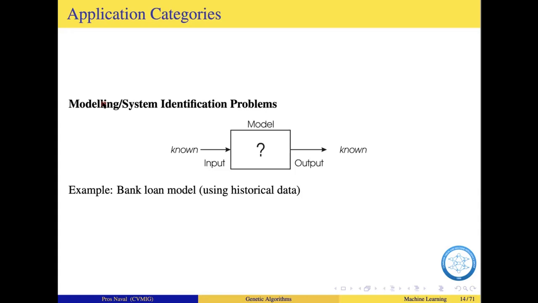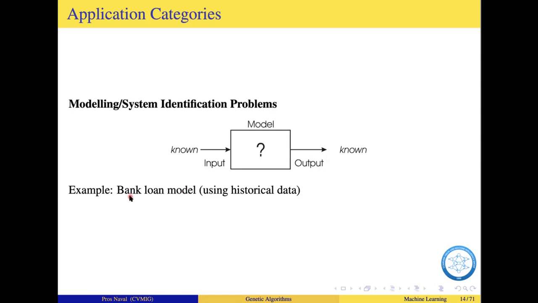So modeling or system identification problems would be to determine what's inside this box. The input and the outputs are known, but what is this model that will give me the right decision?